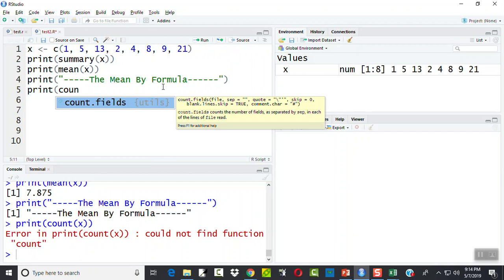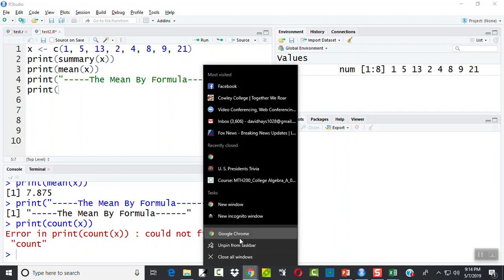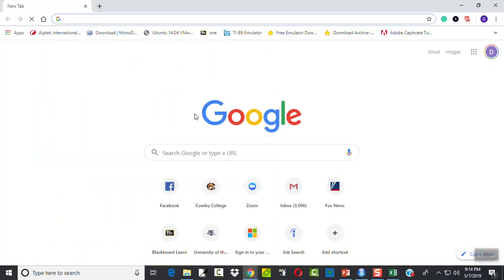Trying to think what other word would go with count. Obviously, I'm not going to think of a good one.